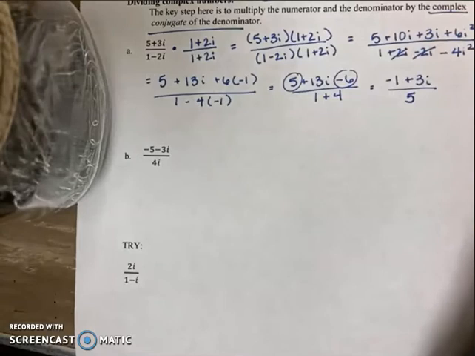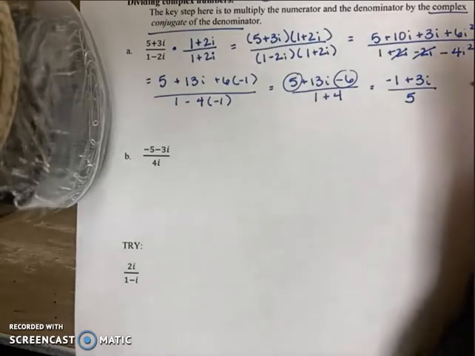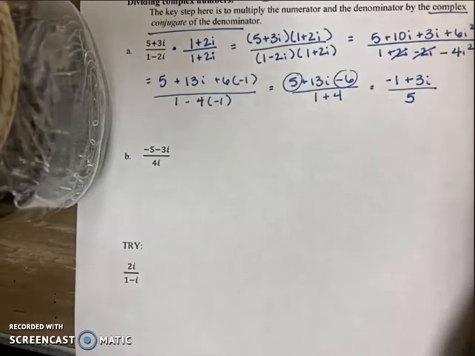We're so close to being done, guys. I know this is a lot. But I must write my final answer in standard form. So remember, that's a real number and then my imaginary number.